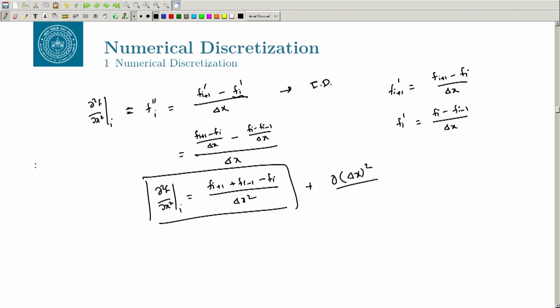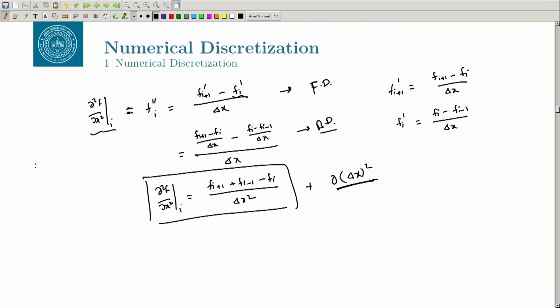The reason I have shown you two different approaches is that here we first use the forward derivative and then the backward differencing, and we got the 3-point stencil formula for the second order derivative, with delta x squared as the discretization error.